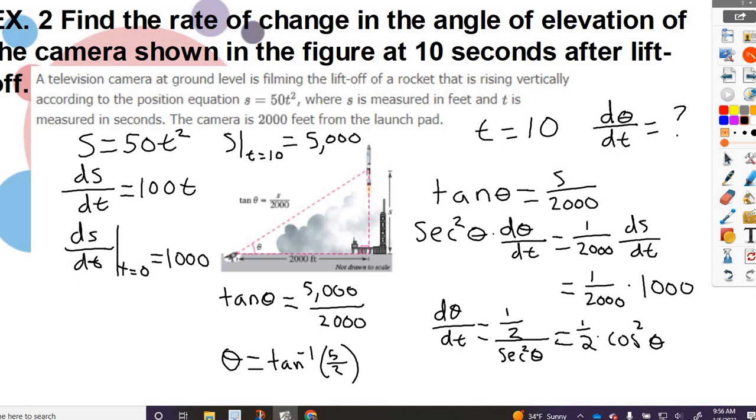And what do we get? They don't give us a degree measure here, so we're going to assume that we are in radians, unless they tell us otherwise.